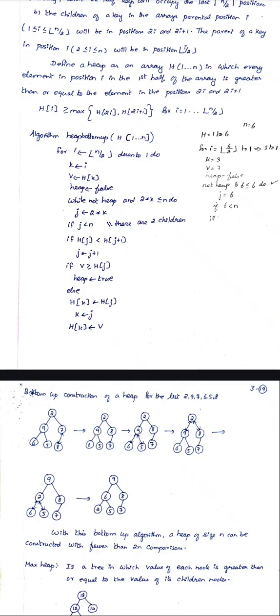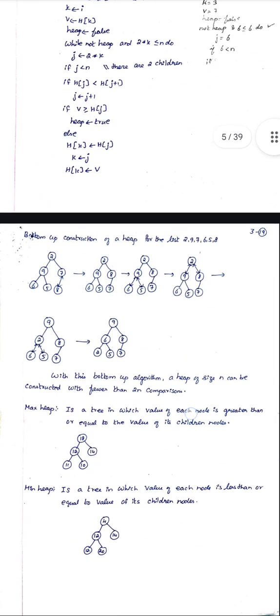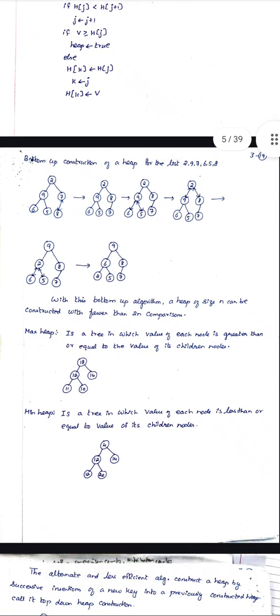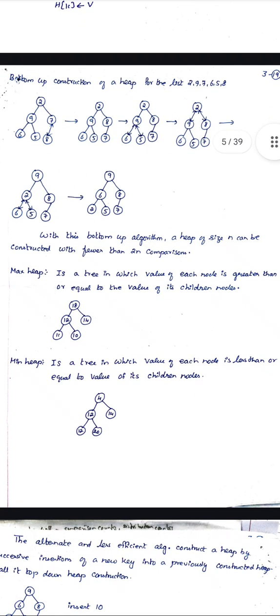Heap bottom up construction is like this. Bottom up construction of the heap for the list 2, 9, 7, 6, 5, 8. It will first be constructed in this manner.